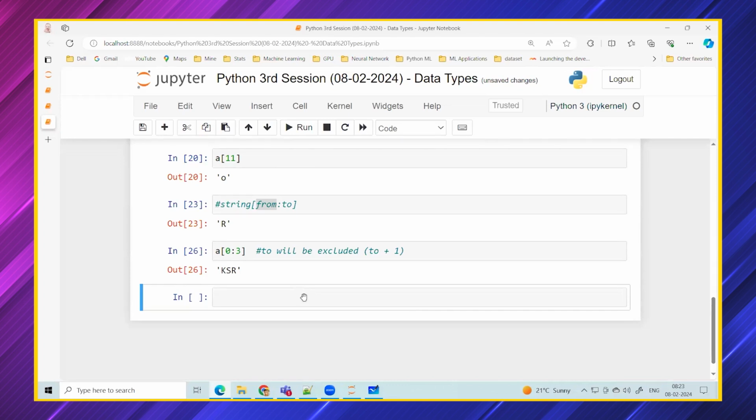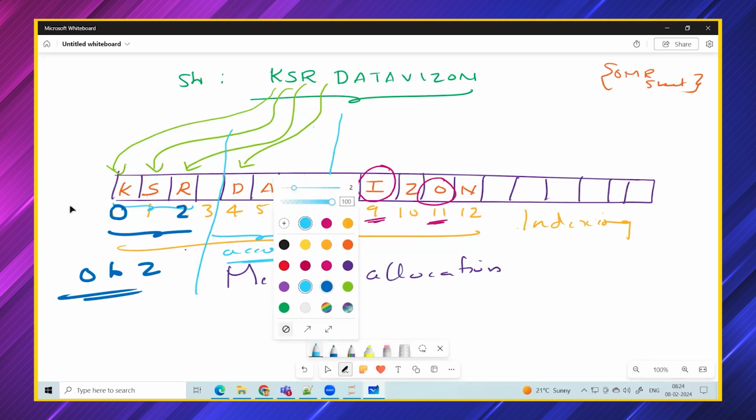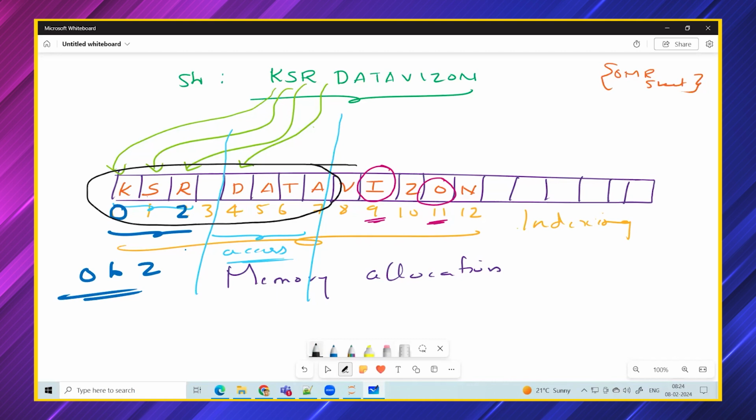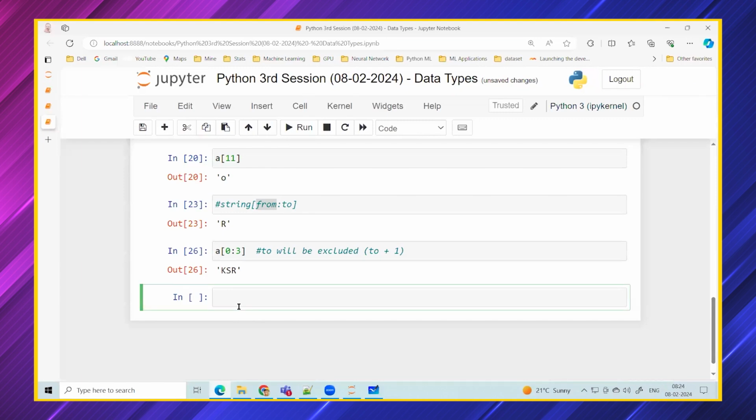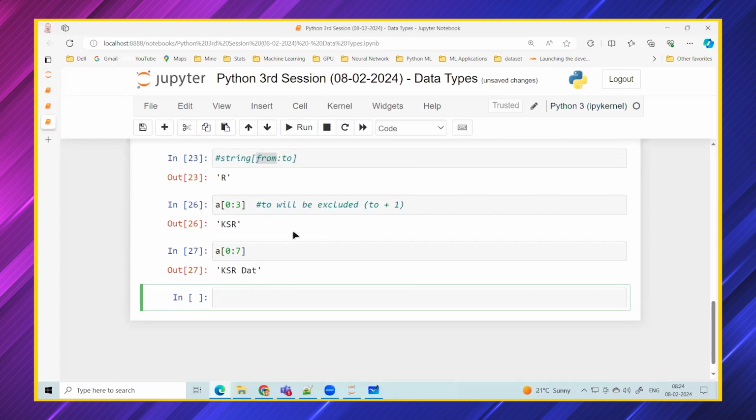Okay. Now imagine that I have to access this part. Let's say this part. Now it's very easy, because we can simply say that the index starts from 0 and ends at 7. That is the ideal scenario, right? Now, if I write A of 0 colon 7, because it starts at 0 and ends at 7, and I run this, I will somehow miss out the last element.